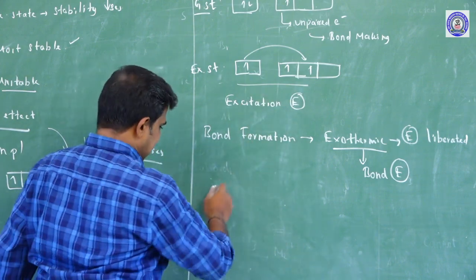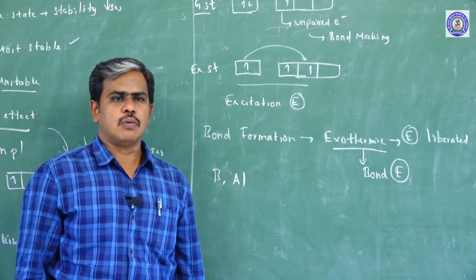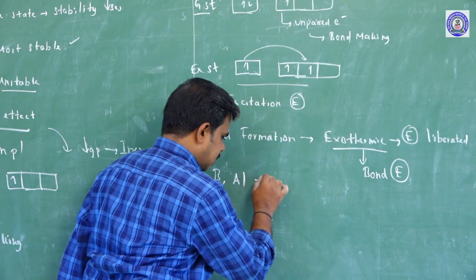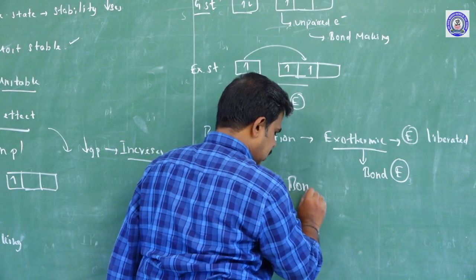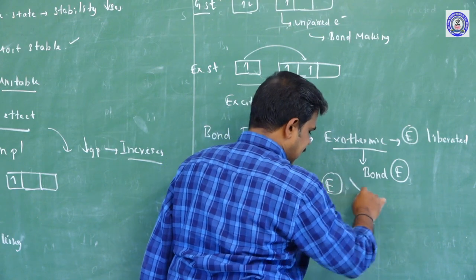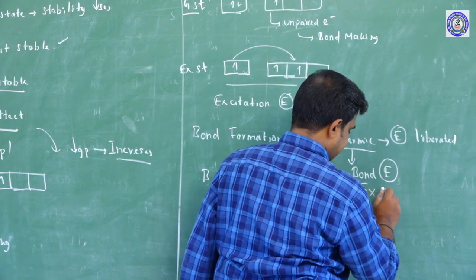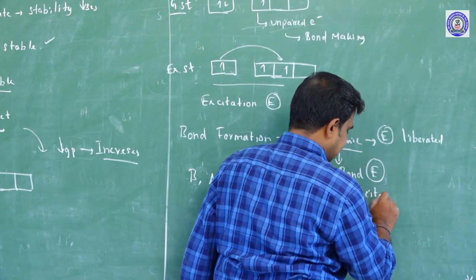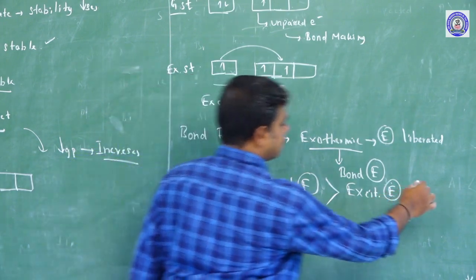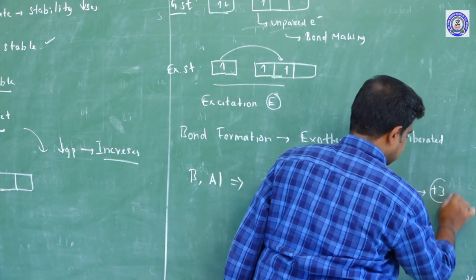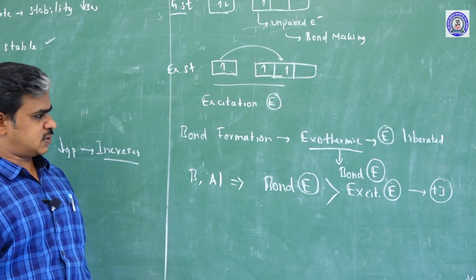Now, in the case of boron and aluminum, what will happen here? The bond energy is greater than the excitation energy, so that it shows +3 oxidation state.